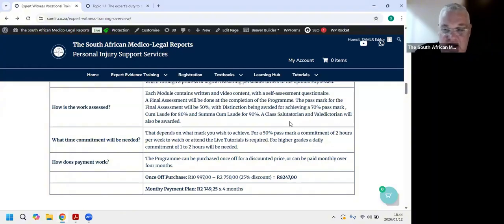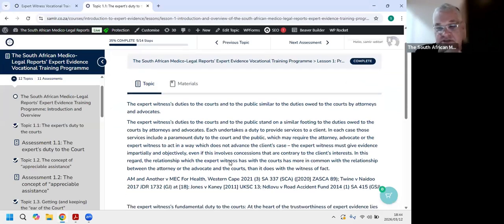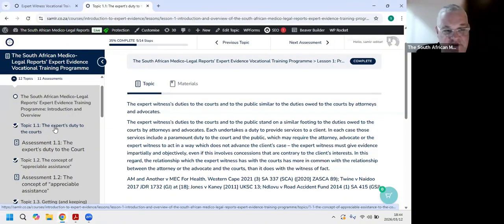And I just want to then take you to the other tab, which will show you how the information is presented. So each topic relates to each key principle, and we'll look at that in a moment in detail. But take, for instance, the expert's duty to the courts.